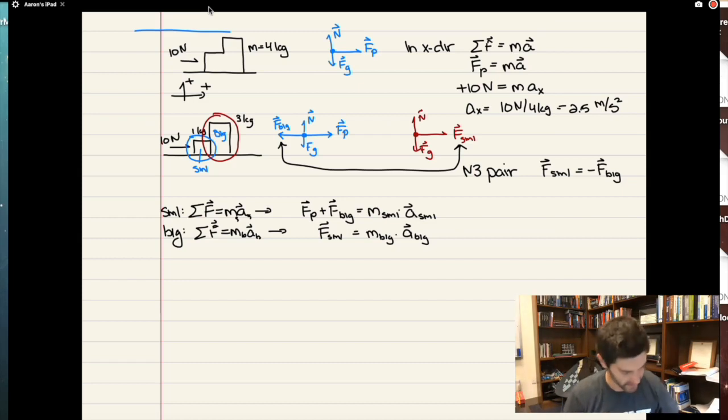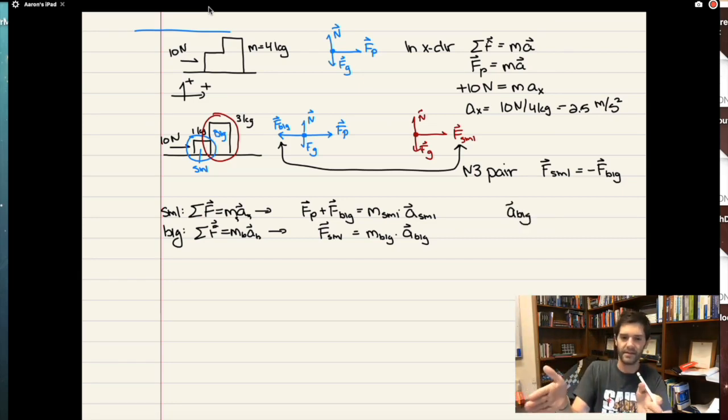Neither of those is really plausible. If they separated, for example, then the contact force between the two blocks would vanish. F big and F small would go to 0, and therefore the big block would stop accelerating at all.